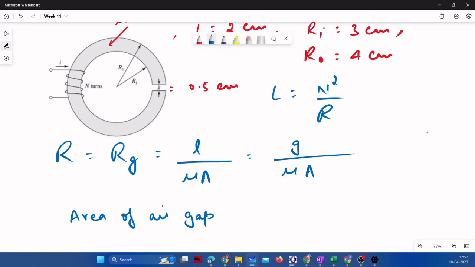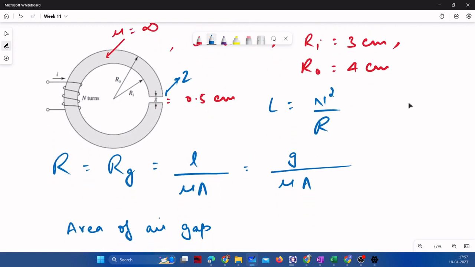Assume it is three dimensional, and practically it will be three dimensional. The length is the air gap that is given, right? So the other two parameters are perpendicular to this length. One is the stack length, which is in z direction, and that length is given as 2 centimeter.